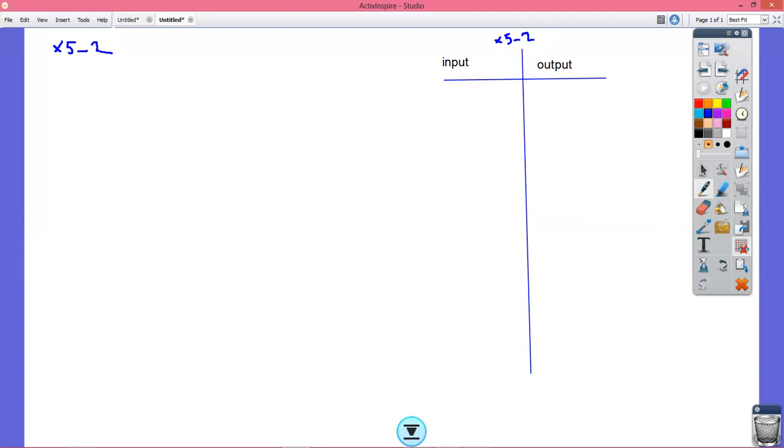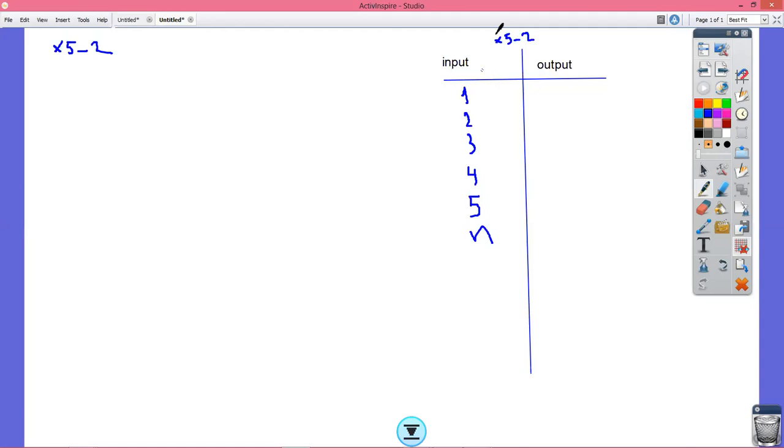Let's write it here. Now if we start our input numbers from 1, 2, 3, 4, 5 and n, what will our output be?